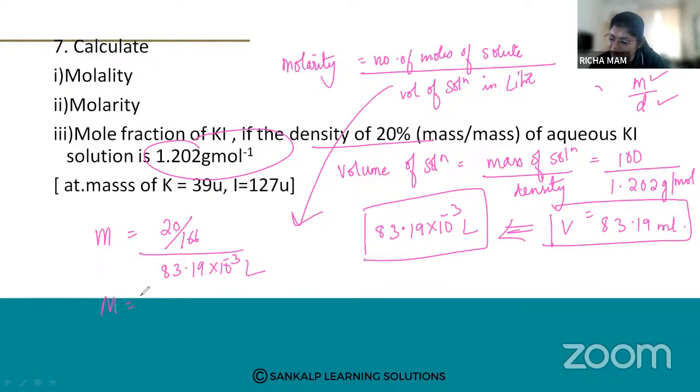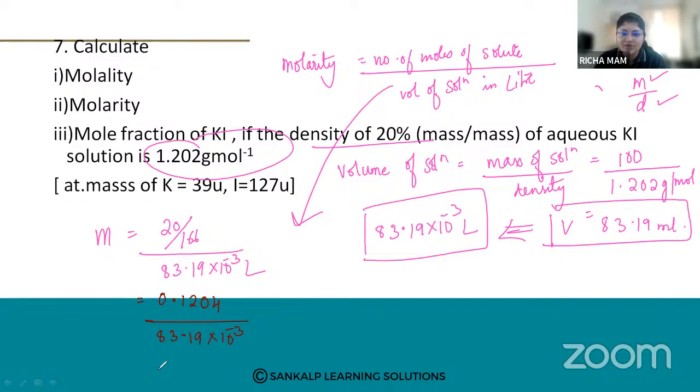So again, 20 divided by 166 comes to 0.1204. Just a second, I'll use another color. So 20 divided by 166 is 0.1204, divided by 83.19 into 10 raised to minus 3.